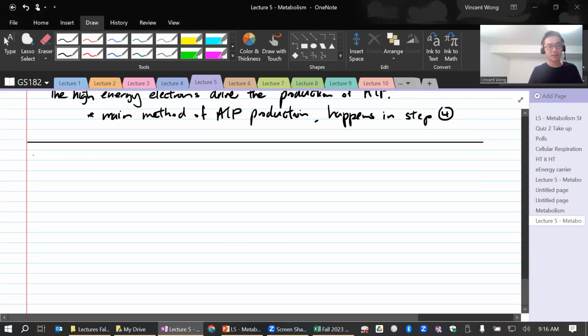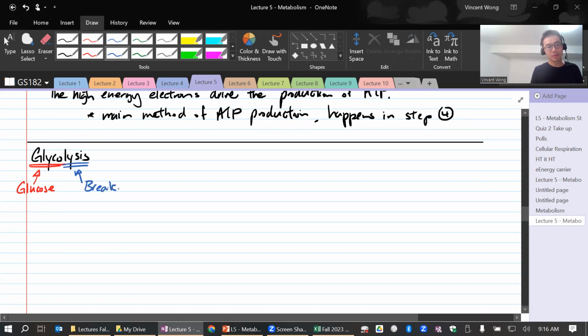Let's go into more details for each of the stages, the steps. So let's do glycolysis. Now, glyco means sugar. It means glucose, really. Like sugar, but specifically we're talking about glucose here. Lysis, remember lysis? Lysis is the break.